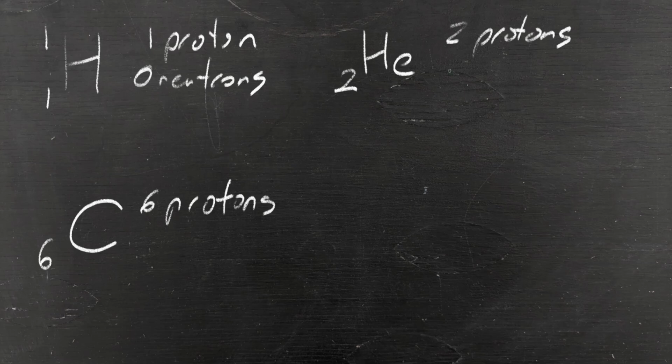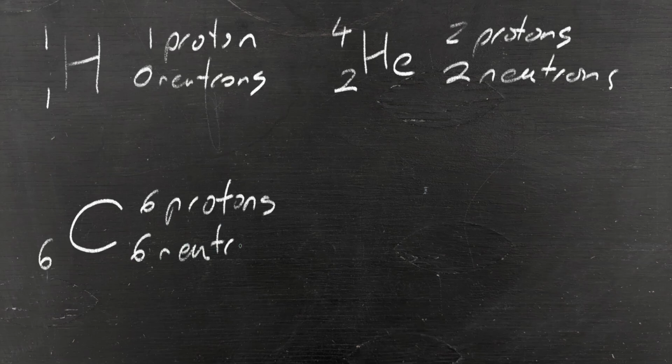Helium, in its most common form, has 2 neutrons. So adding the 2 protons to the 2 neutrons, we get an atomic mass number of 4. The most common form of carbon has 6 neutrons. Adding the 2 sixes together, we have an atomic mass number of 12.